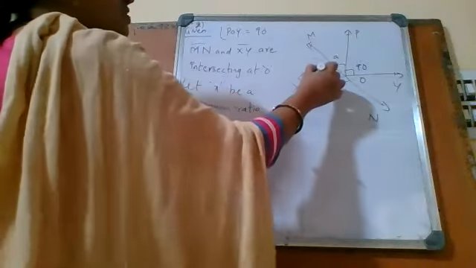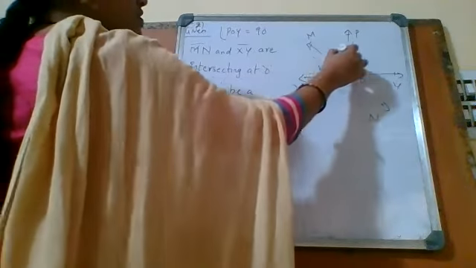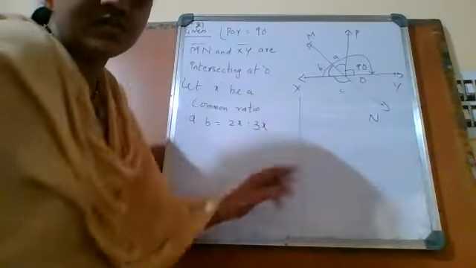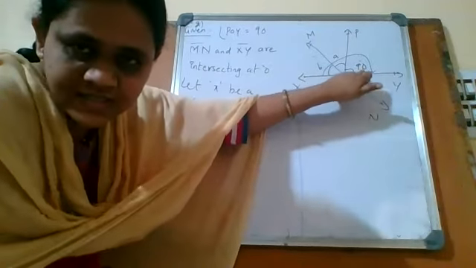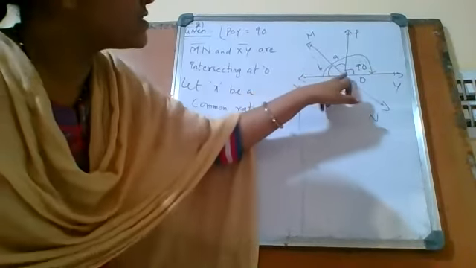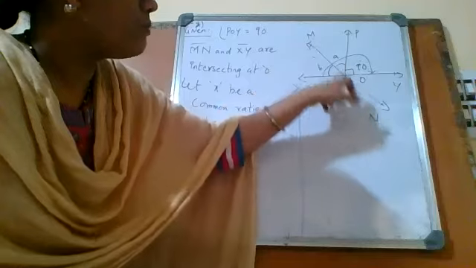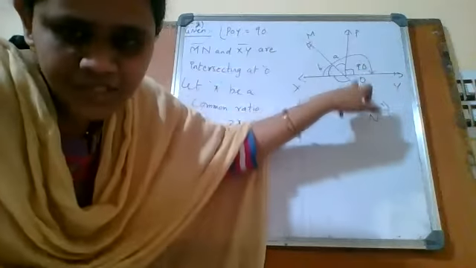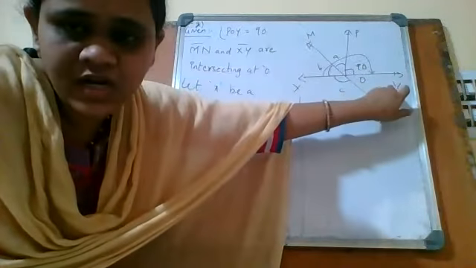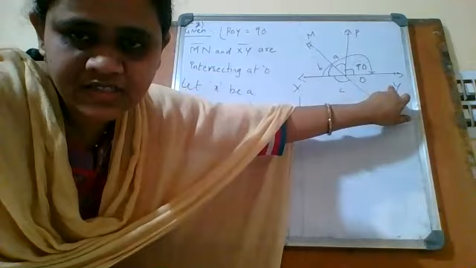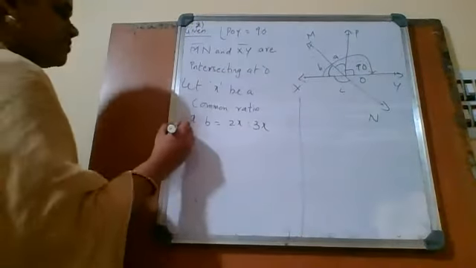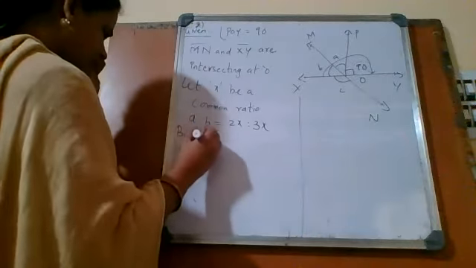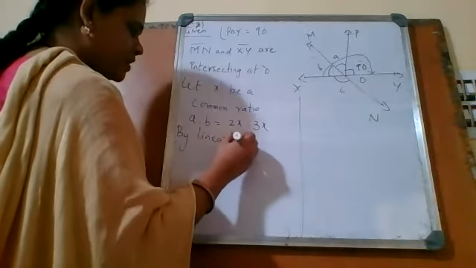Now, what is the total from here to here called? Anyone in the class? Angle XOM, MOP and POY is called dash. The sum of the angles is by which pair? By linear pair. What is a linear pair?